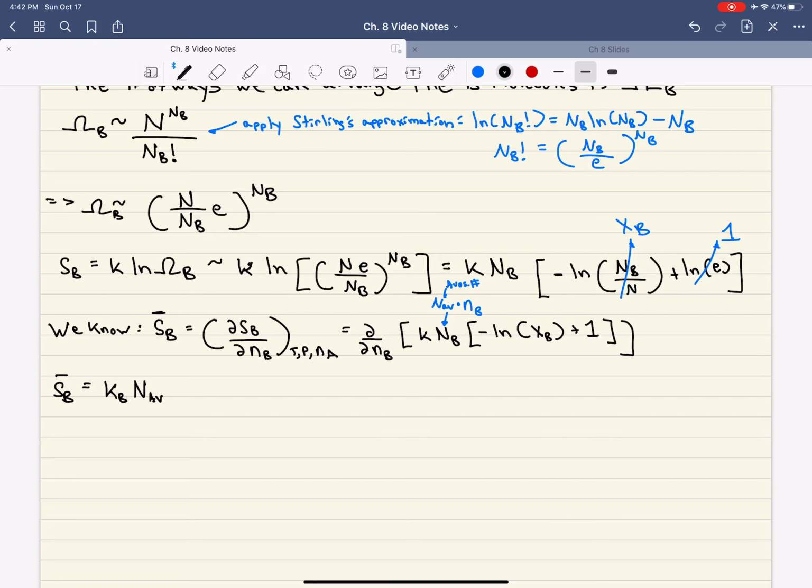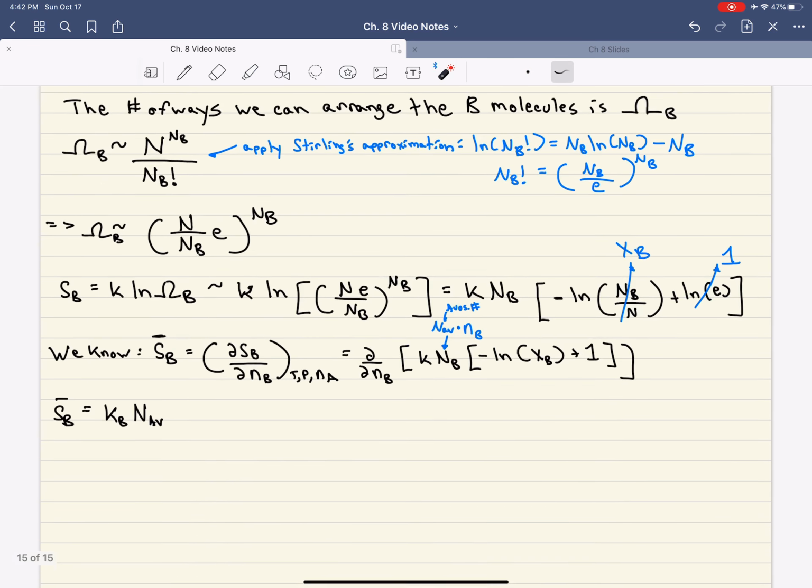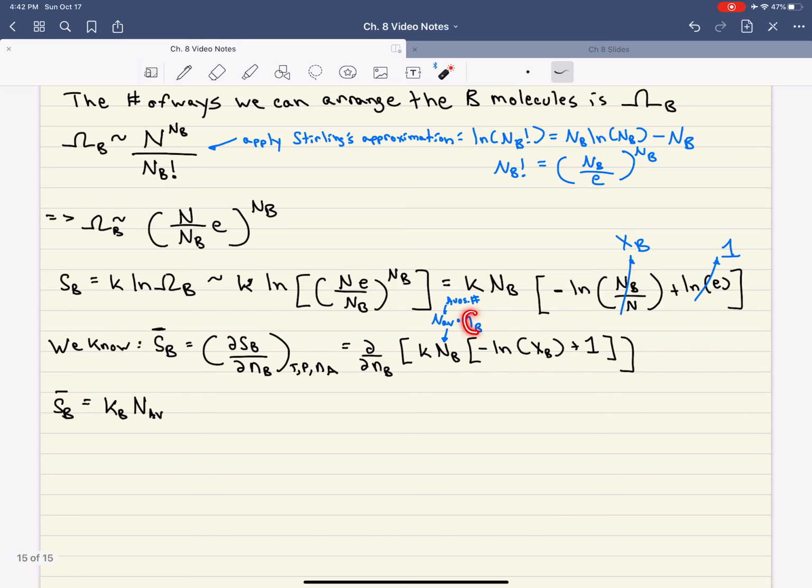And what I'm going to do, since we're taking the derivative with respect to nb, I should also mention that this mole fraction is also just nb over nA plus nb. So when we're taking the derivative, we have two instances of nb, or three, that we need to worry about. Okay?